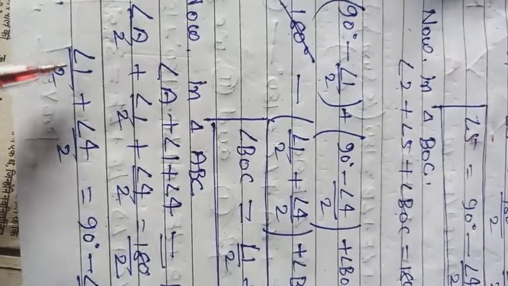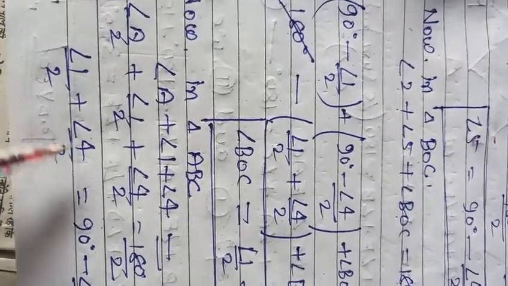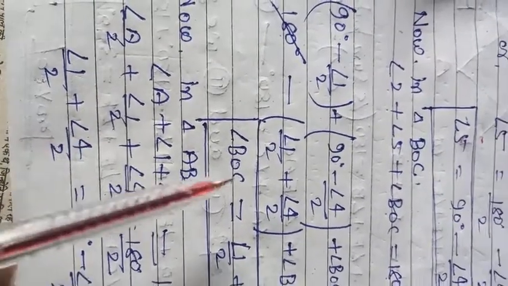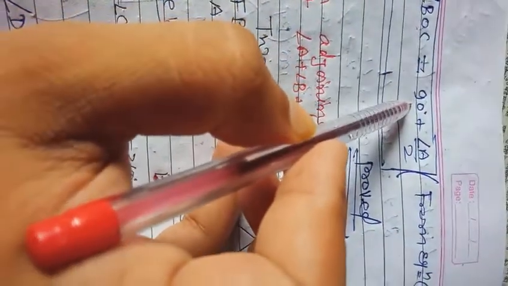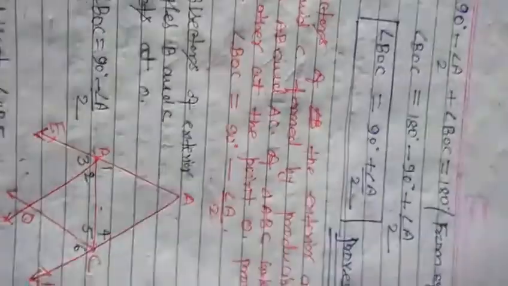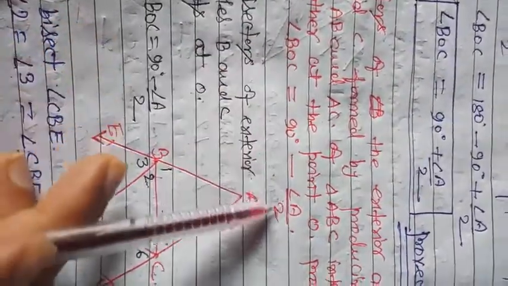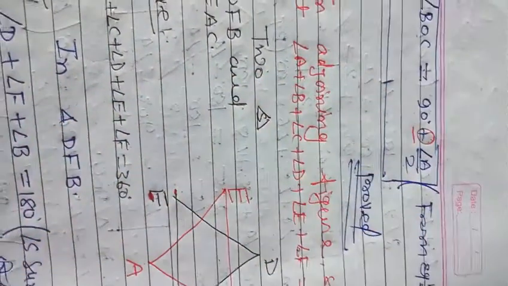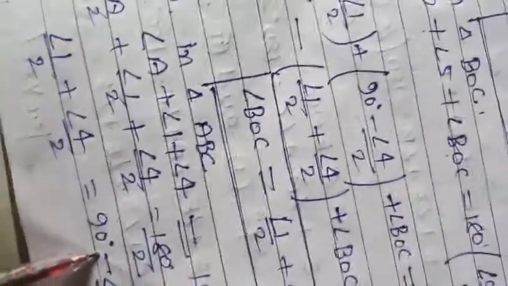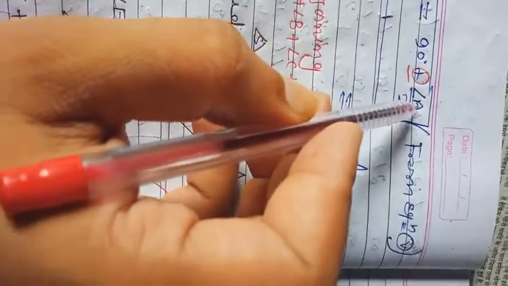So we can write in place of angle 1 by 2 plus angle 4 by 2 angle BOC. So angle BOC is equal to 90 degree plus angle A by 2, and this is our proof. Here is 90 degree minus angle A by 2. So the result is 90 degree minus angle A by 2.